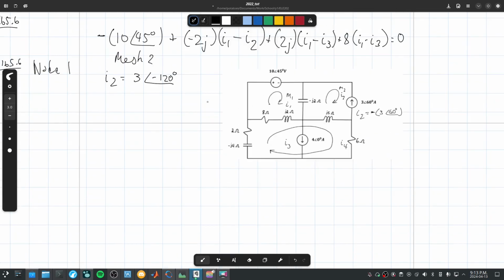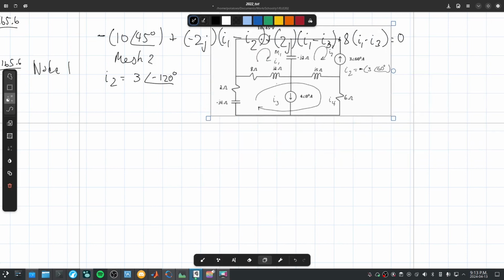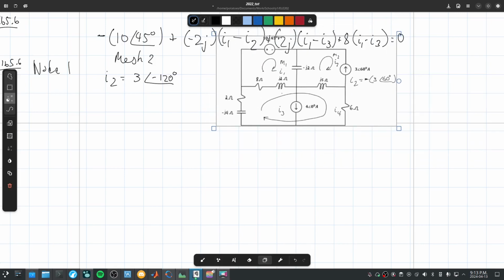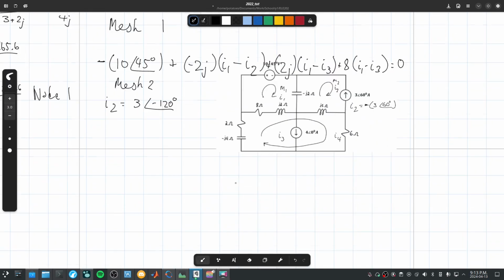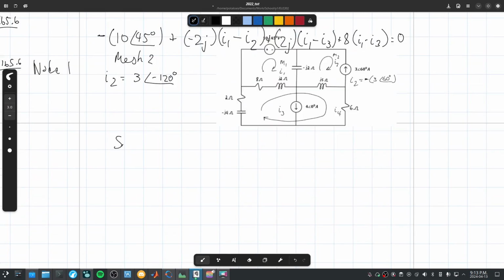So now we do super mesh. Let me move this to the side. Super mesh. I'll organize this later. So let's start here. And again, we move clockwise.